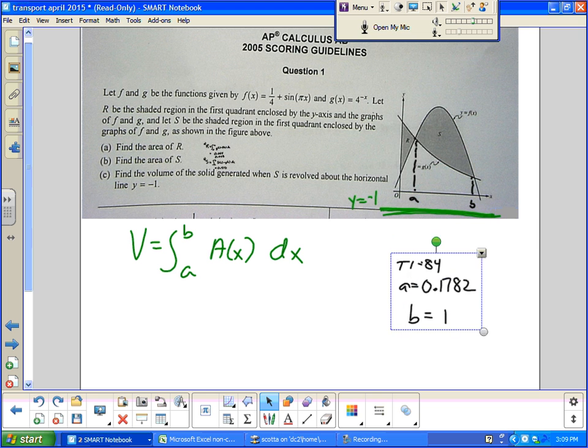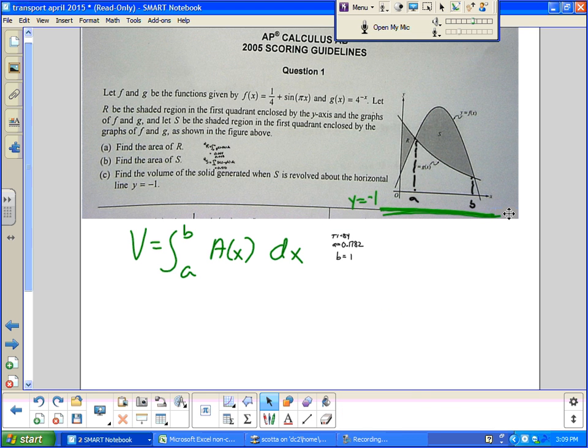But we see this as a washer, and we picture the inside radius and the outside radius. All right, and you have to see that the -1, it's going to be g of x minus a -1, right? It's going to get +1. That is the inside radius.